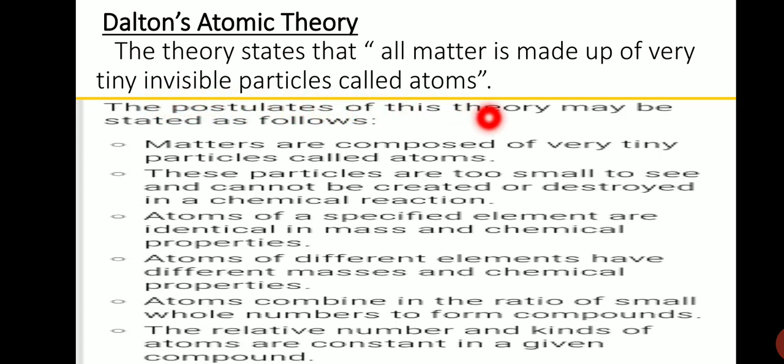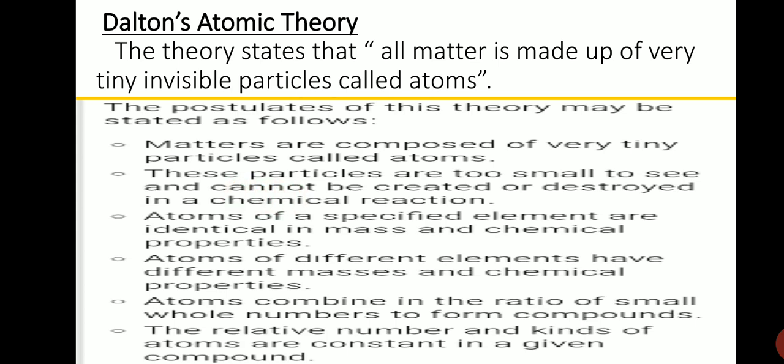invisible particles called atoms. The postulates: matter is composed of very tiny particles called atoms. That means all matter consists of very tiny particles called atoms. The second postulate is these particles are too small to see and cannot be created or destroyed.